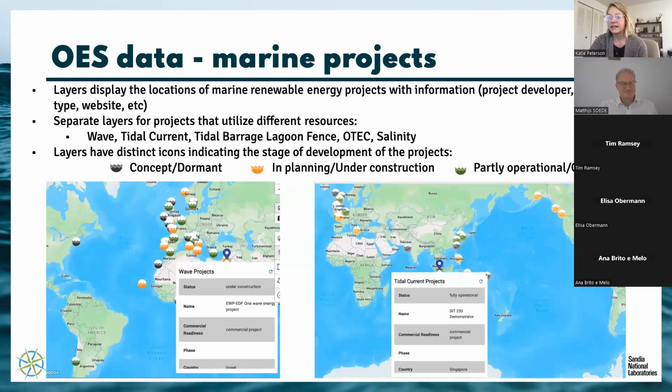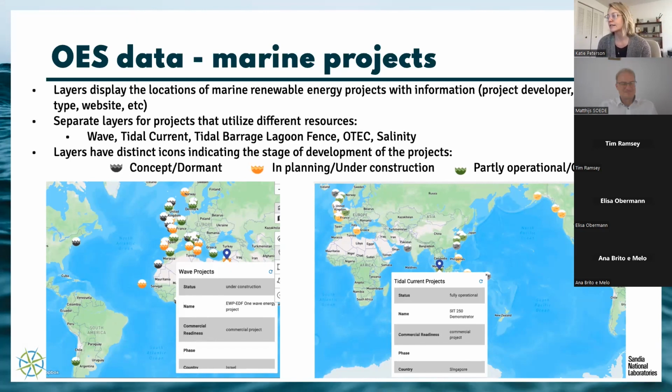So a key data set within our suite of OES GIS data are the marine projects. These layers indicate the locations of marine renewable energy projects with different information, like the project developer, the converter type, with links to the website to get even more detailed information on these projects. And there are different layers for projects that use different resources. So if you're interested in wave projects, there's a layer for that.